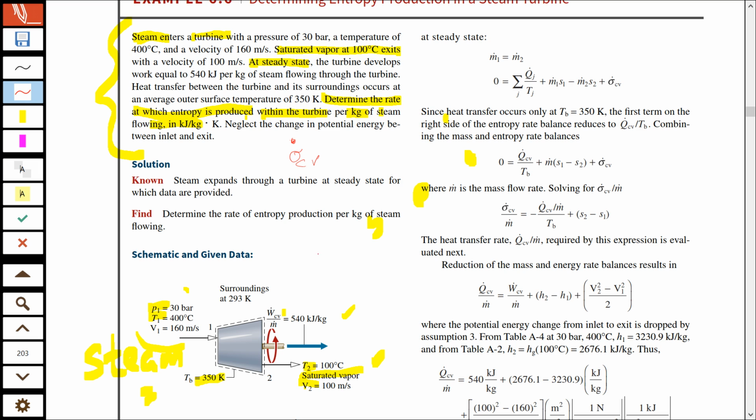And actually, there is no uppercase and lowercase sigma. Sigma is sigma. So that is the entropy production. And what you are required in this question is entropy production per unit mass. So you have to divide that by m dot, per kilogram.